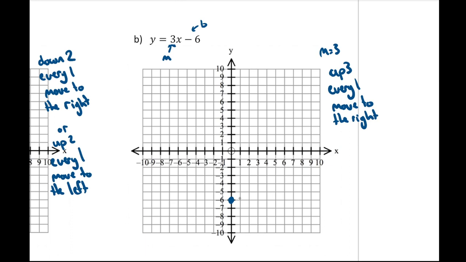So position 1, I increase 3, I'm at negative 3. Position 2, I increase 3, I'm at 0. Position 3, I increase by 3. Position 4, I increase by 3, and so on.